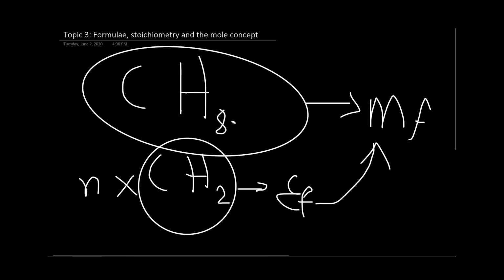The ratio is the same, so the empirical formula will remain the same, but your n will now turn to 5. n will equal 5 now. So what I'm trying to get at is, when you multiply your empirical formula by a variable, you get your respective molecular formula. In other words, we can write it as an equation.